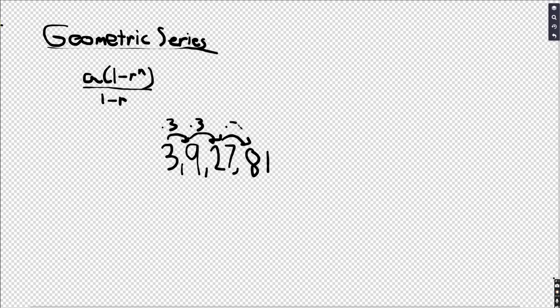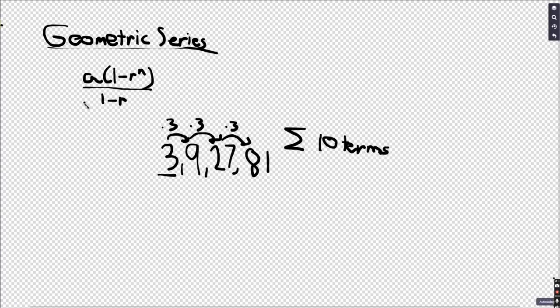Because 3 times 3 is 9, 9 times 3 is 27, 27 times 3 is 81, okay? So we know our first term, and how about we find the sum of the first 10 terms, okay?